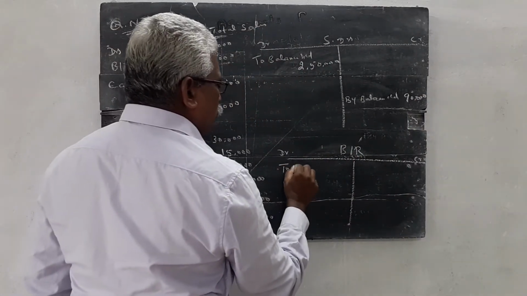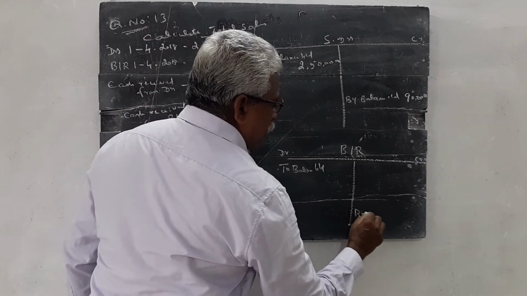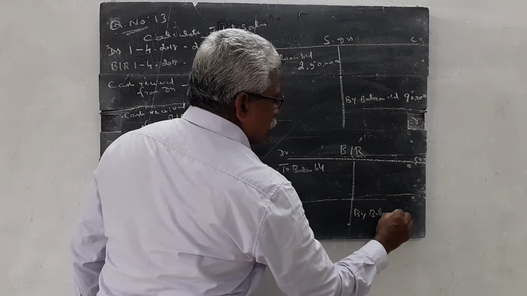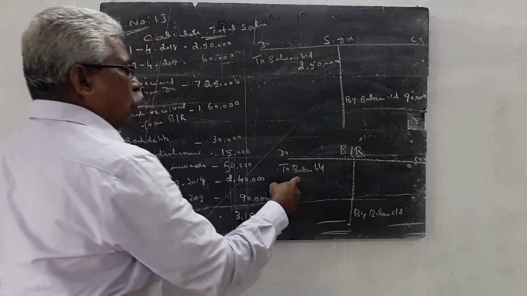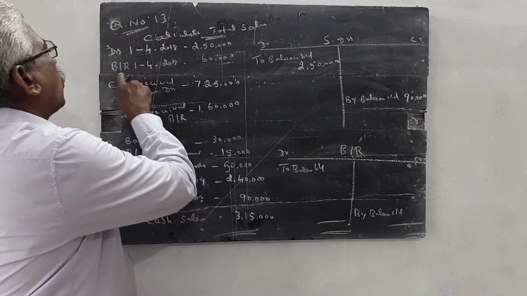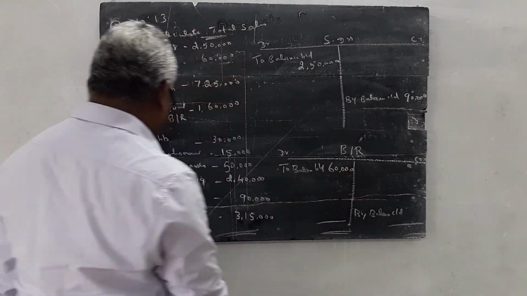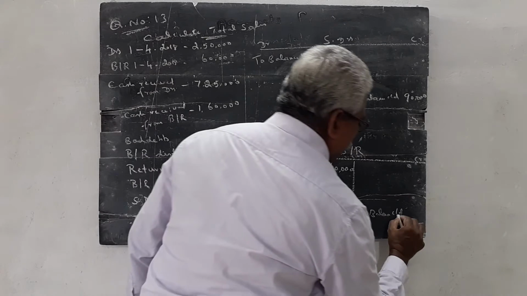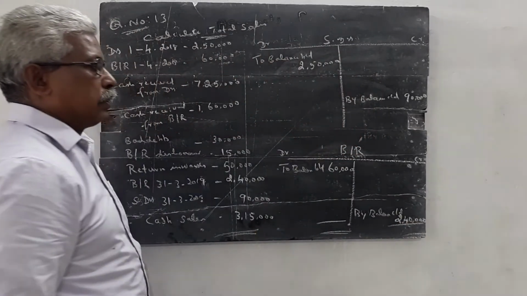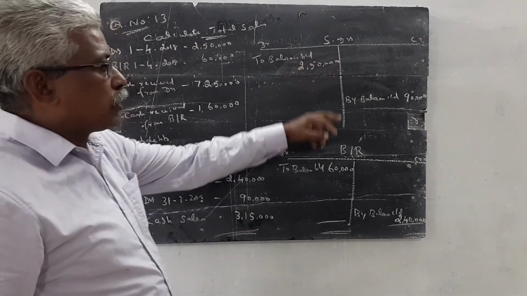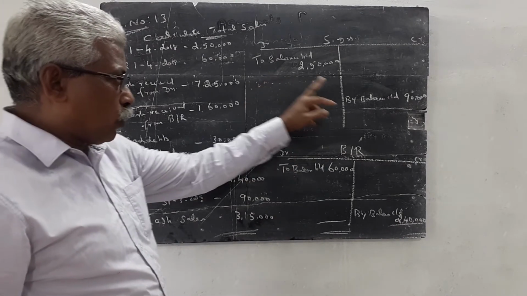Opening balance is entered here, to balance brought down, by balance carried down. Here we write the opening value. Opening bills receivable 60,000. Closing bills receivable 2,40,000.